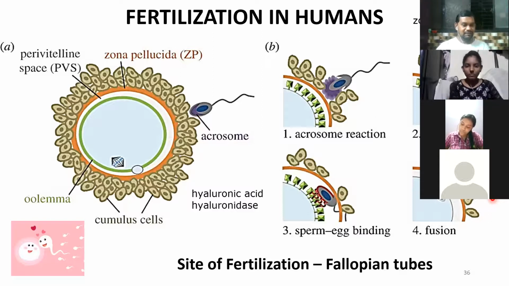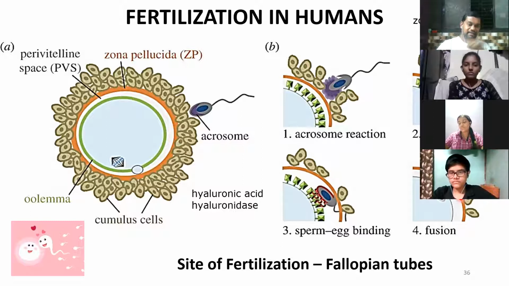And now this female will have to bear the 9 months of pregnancy. From this diploid zygote, the entire new individual has to be formed till the time the fully formed baby is delivered out of the body. And till that entire time, approximately 9 months, there won't be any menstrual cycle.